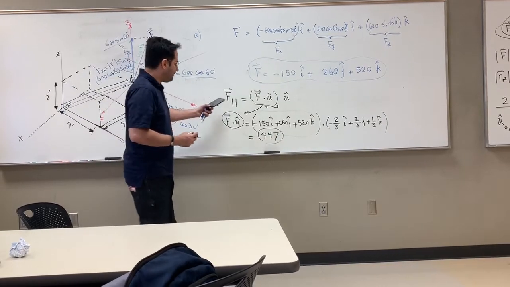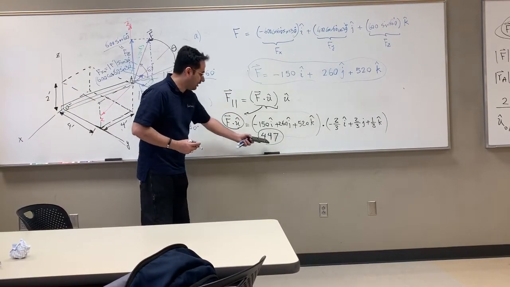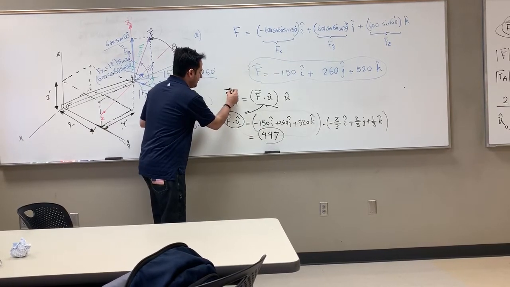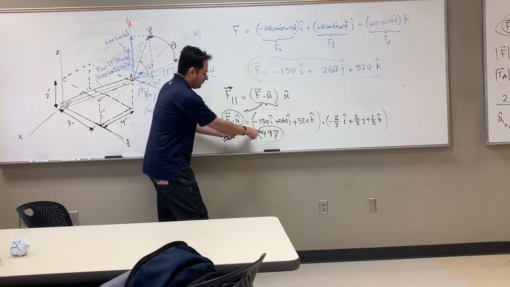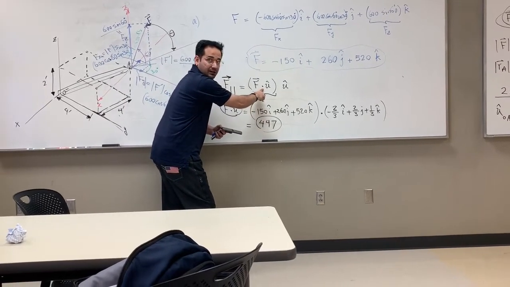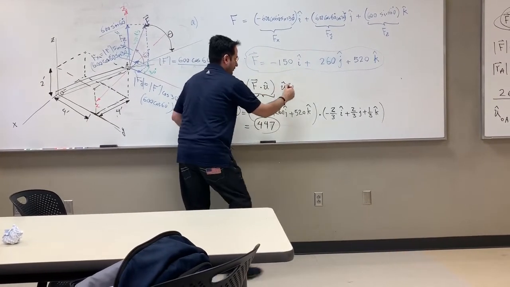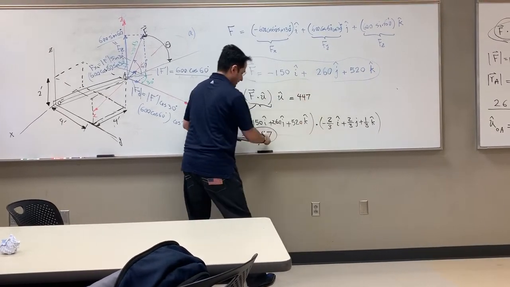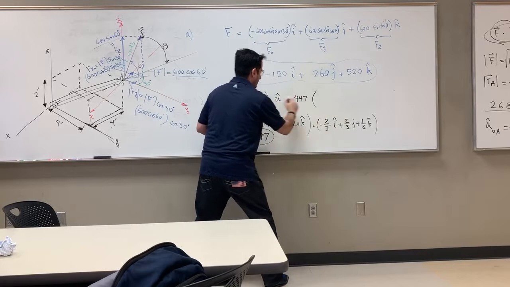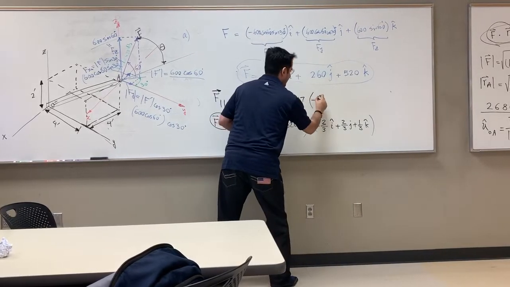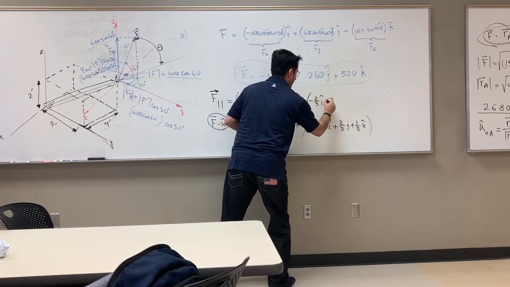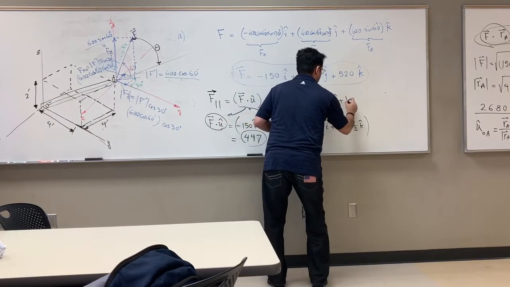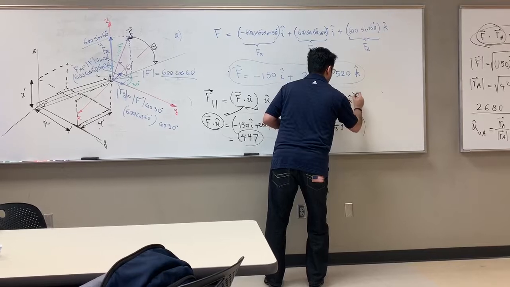So F parallel is not a number, it's a vector. You see this arrow here? So this number I should put here and multiply by the unit vector. What I get at the end is 447, the magnitude, times the unit vector, which is negative 2/3 i plus 2/3 j plus 1/3 k.